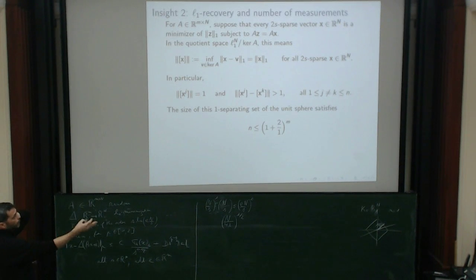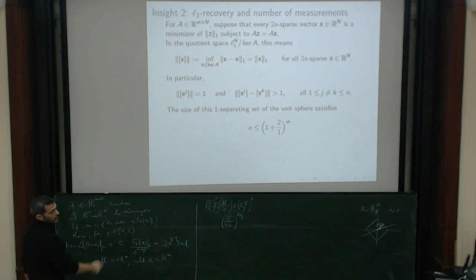The covering number is smaller than the number of points that are separated by a given distance, and that was (1 plus 2 over that distance) to the power of the dimension of the space, which in this case is m, or at most m. So again, the size of a separating set cannot be too large, and precisely we have this bound.